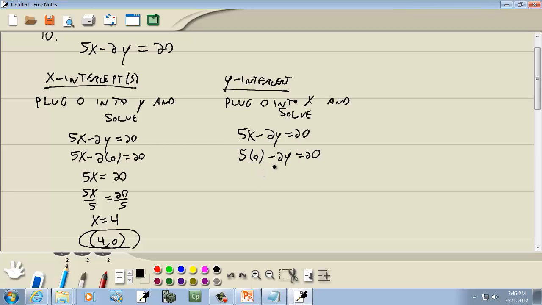Now 5 times 0 is 0, so that drops away, and we're left with negative 2y is equal to 20. Divide both sides by the number in front of our y, which is negative 2, and we get y is equal to negative 10. And in point form, if we want to do it that way, would be (0, negative 10).